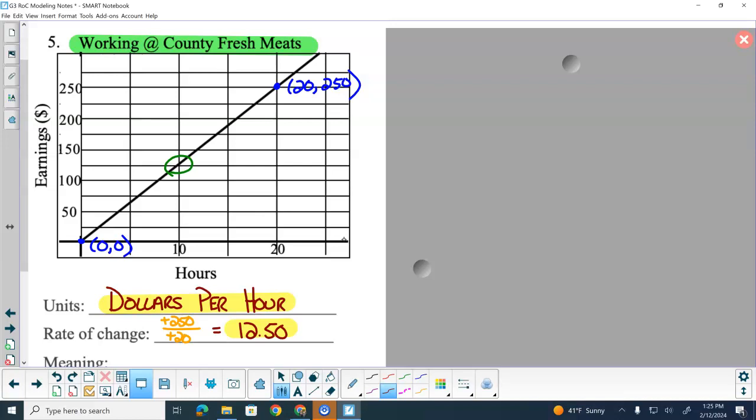I hate my job at County Fresh Meats because I only make $12.50 per hour. I love my job at County Fresh Meats because they pay me $12.50 per hour. Again, these are all stories that you could tell, and they only have to be one sentence stories.